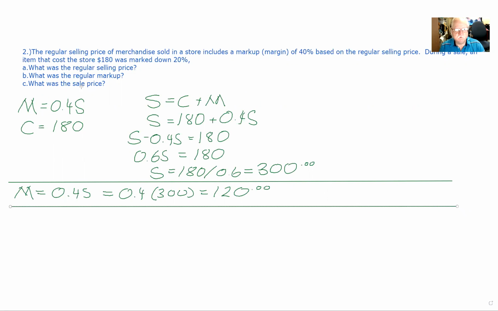So part C, what was the sale price? It was marked down. They talk about markdown here as if it's something different than a discount, but markdown and discount are exactly the same thing. That's worth sort of making a mental note of that.